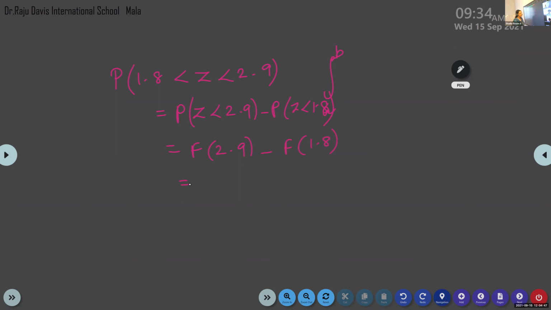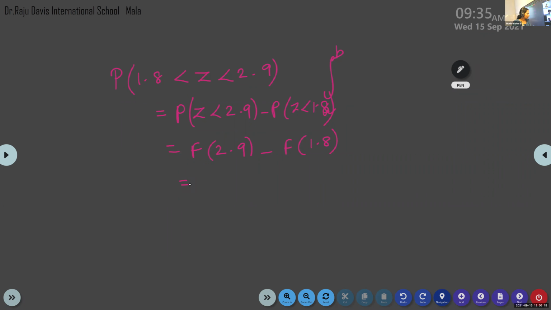Calculate it. What is f of 2.9 from the table? Shubham, do you have the table with you?